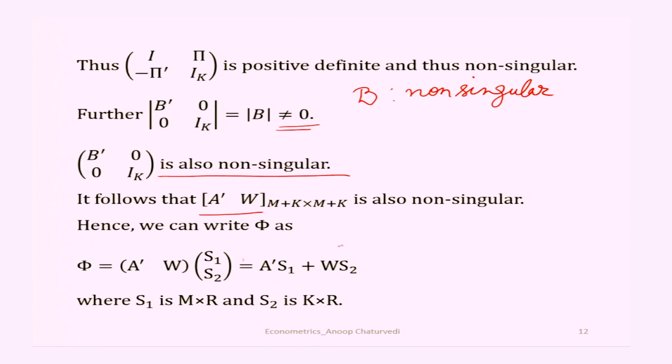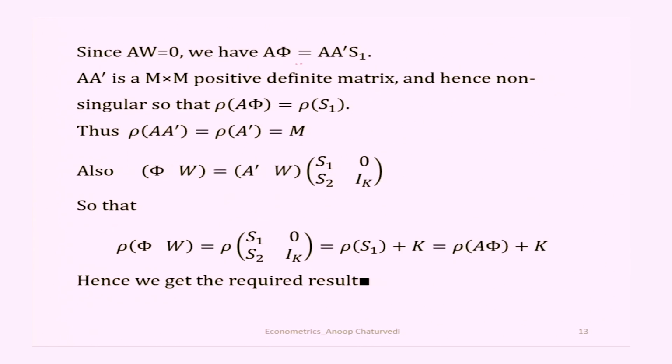So, the second term vanishes. So, A phi is equal to A transpose S 1. A transpose is of order m cross m, and this is a positive definite matrix, and since A transpose is positive definite, it is a non-singular matrix.